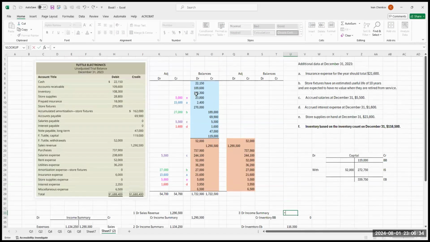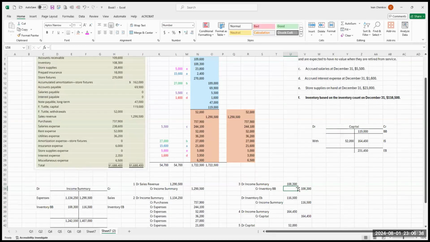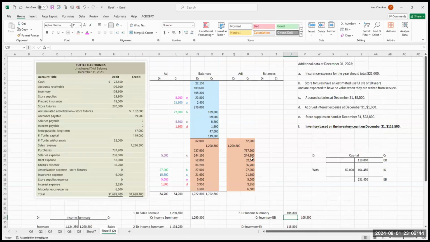So my balance here is 108,300. Once I close that one, my inventory is going to be 0 now. If I plug here credit 108,300, my inventory balance will be 0.